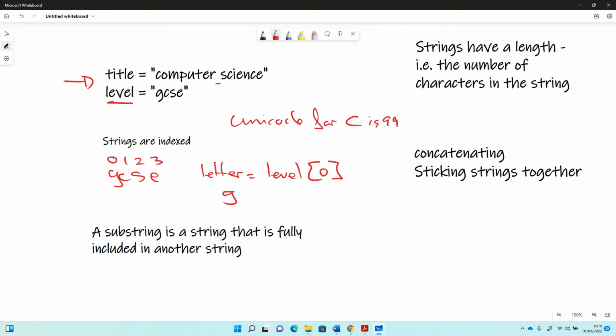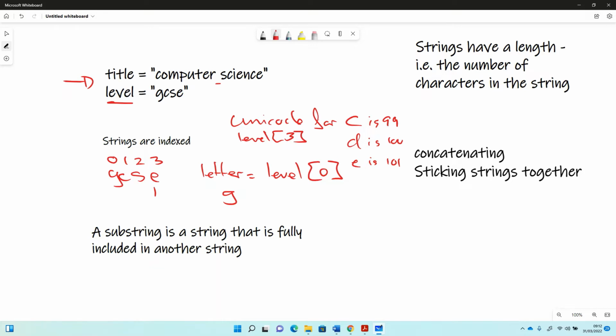And then the question they asked was, what's the Unicode for level[3]? And level[3] is E. So if we said that our letter equals level[3], it would be E. So if C is 99, D is 100, and E is 101. So it's well worth writing those down in the exam.